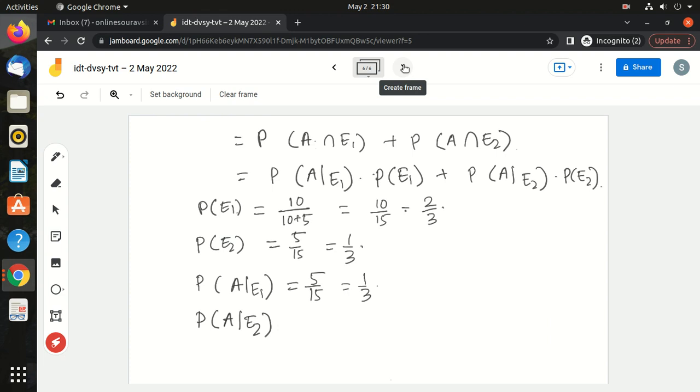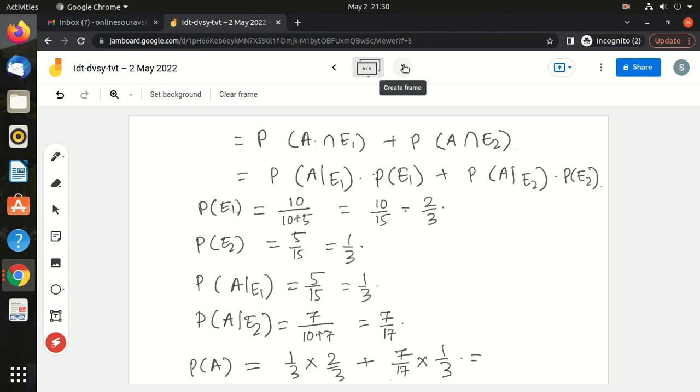Now you have 7 black balls and a total of 10 plus 7, so 7 by 17. So your total probability P of A will be 1/3 times P of E1, which is 2 by 3, plus 7 by 17 times 1 upon 3. So you do this calculation, whatever comes out will be the result.